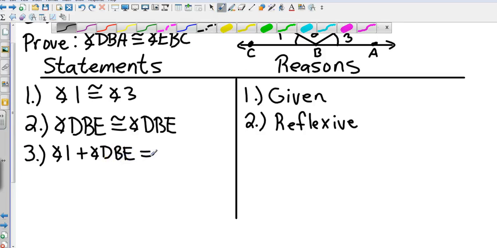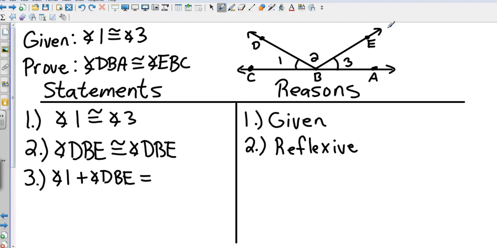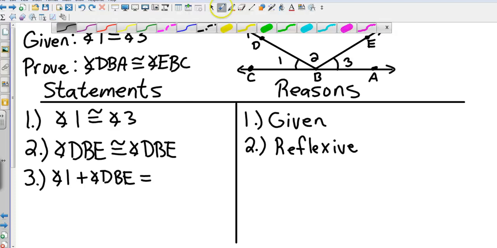And angle 1, if I scroll back up here to look at this, plus angle DBE, that gives me angle EBC. Okay, so again, angle 1 right here plus DBE, that gives me the EBC that I'm looking for.